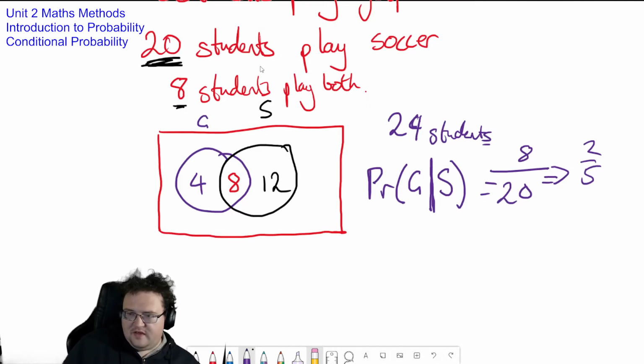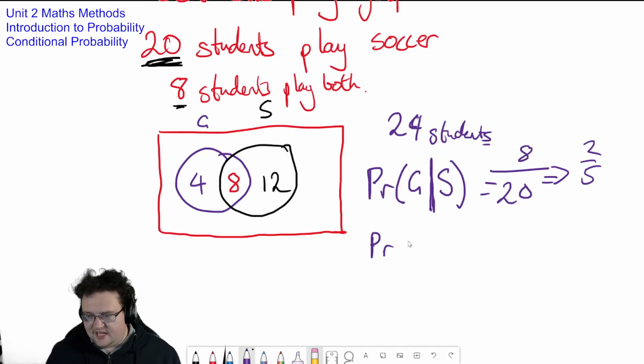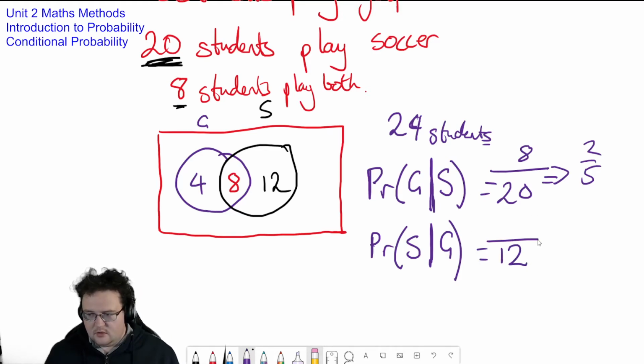So if we were to go the other way, what is the probability that I pick a kid who plays soccer given that I know he plays golf? How many kids play golf? Well, 4 plus 8 is 12. How many of those play soccer? Well, that's 8. Therefore, the probability is 2 over 3.